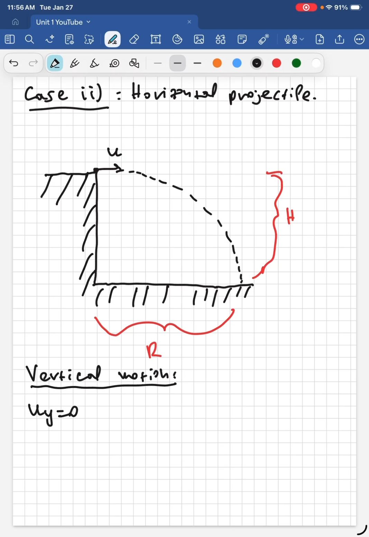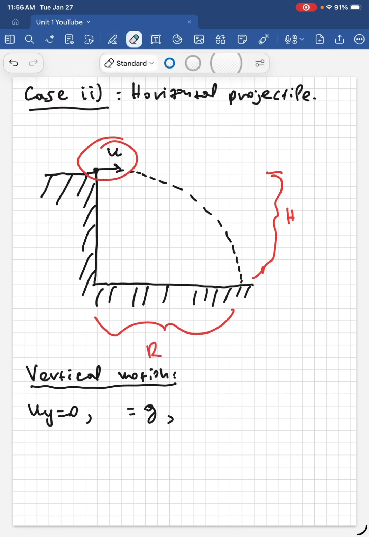How do I know that? Because the projectile is fired with an initial velocity u in the horizontal direction, so vertically it has no component. The initial velocity in the y direction is 0. The acceleration is now g, so ay is g. You might have noticed that I'm not using the minus sign here.